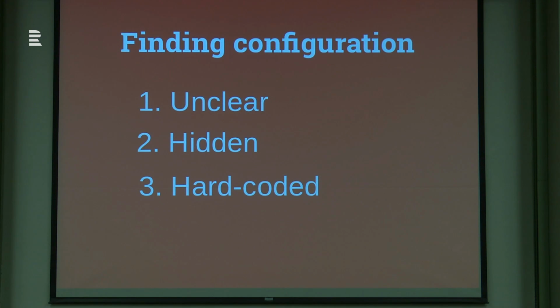Well, finding configuration once you've found the page is another big challenge, because quite often the configuration is unclear, a bit hidden, or hard-coded because somebody assumed they would know how users would afterwards use that module. I'll just give you one example of that.